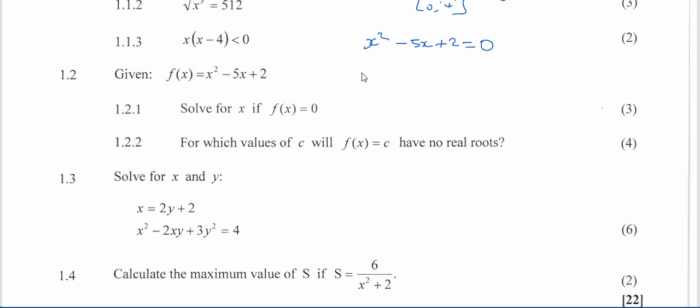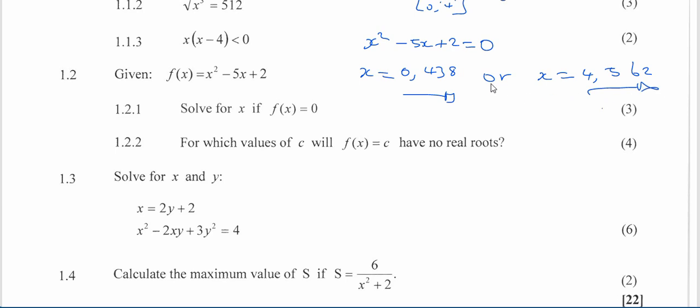Here we're going to use our quadratic formula to calculate our values. We're going to have x being 0.438, or x equals 4.562. So that's going to be our values.